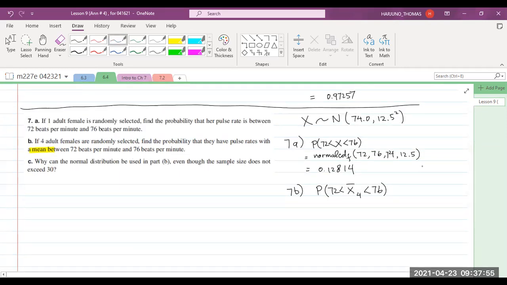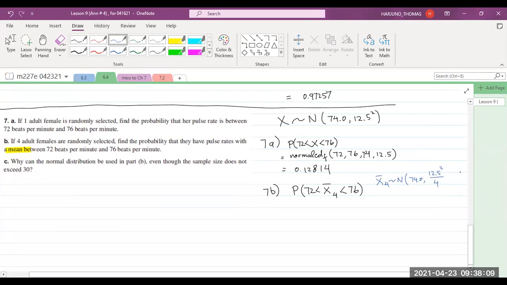Now notice that X bar 4 will then be normally distributed with the same mean 74.0, but the variance will be 12.5 squared over sample size 4.